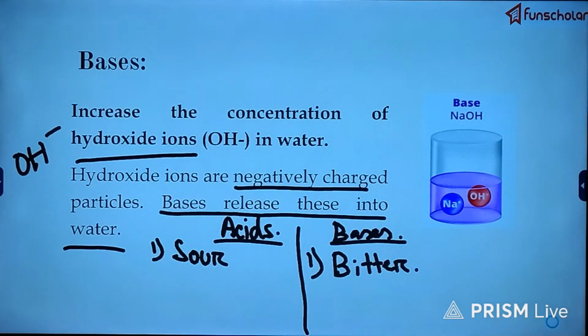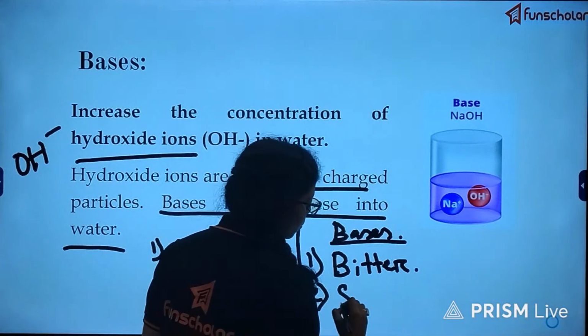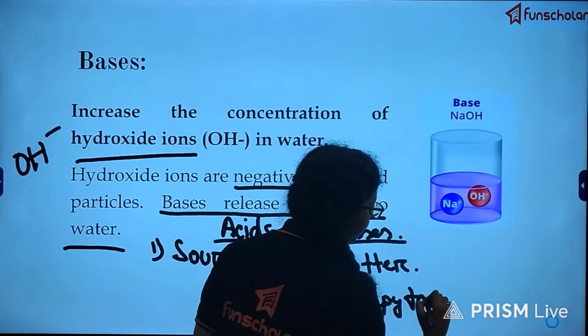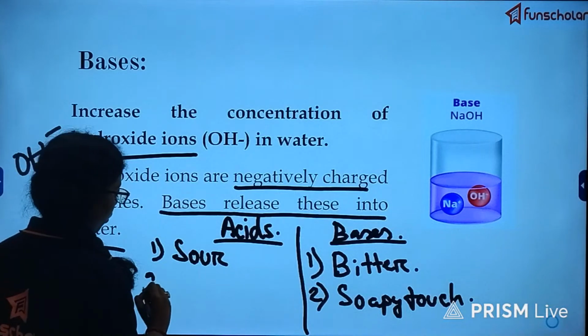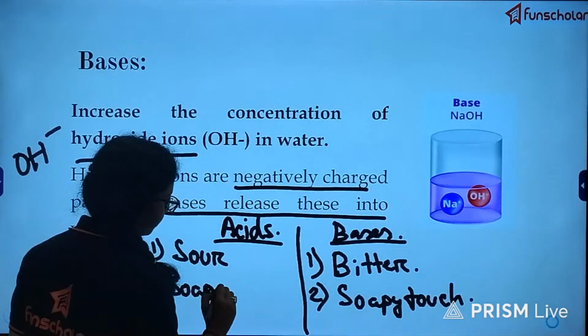What do you think? Then bases usually give a soapy touch, but acids will not give a soapy touch.